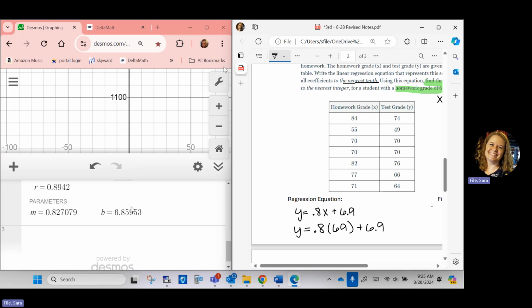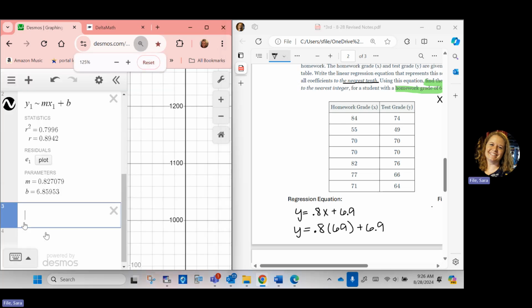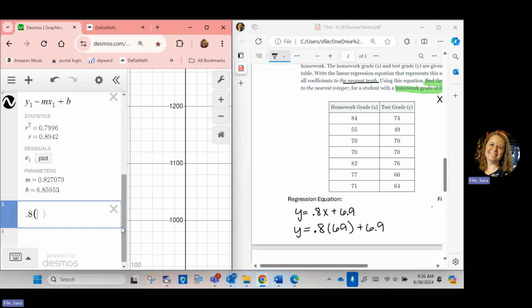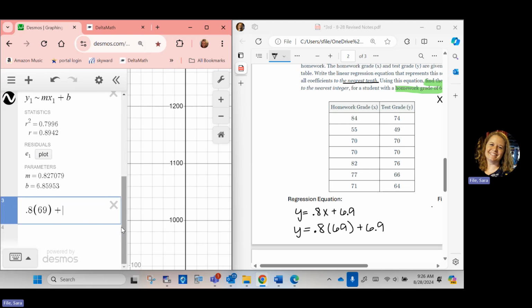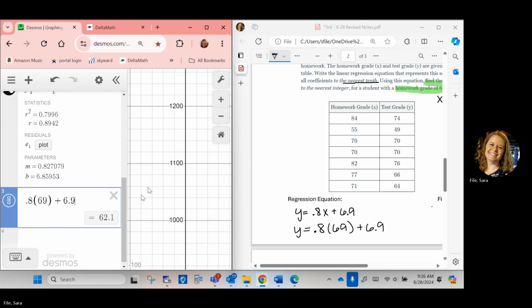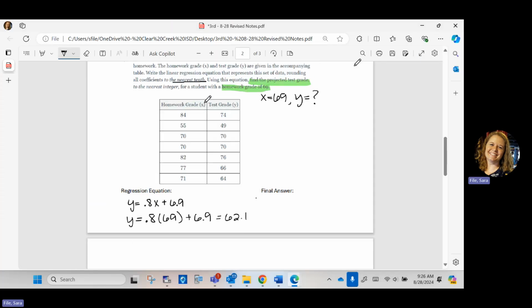I'm going to come back over here to Desmos, to the next line, and type in 0.8 times 69 plus 6.9. So 62.1. But what does it want me to round? Pay close attention to the wording on your questions because they tell you what to round everything to.